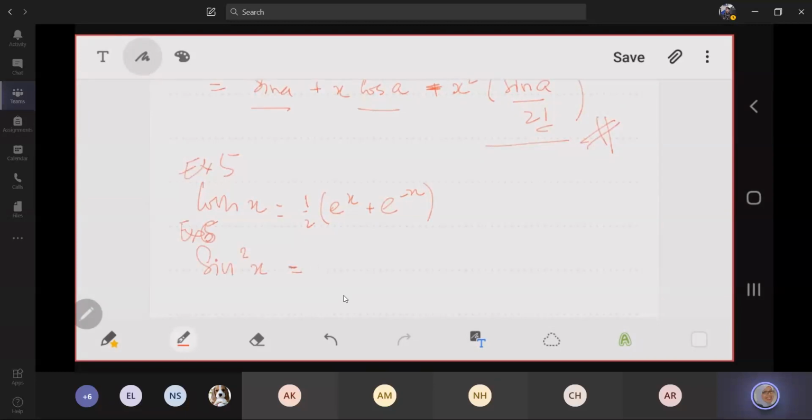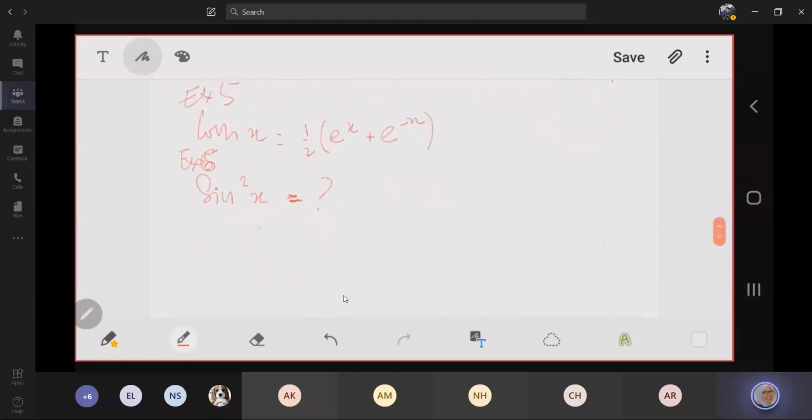I want to reduce it into something that I can quote the standard result. So we have 1 minus 2 sine squared x is equal to cos 2x, right? So we have sine squared x is equal to 1 minus cos 2x divided by 2.